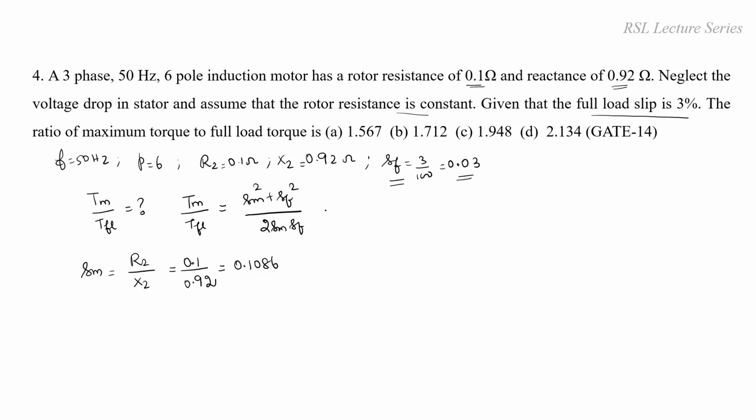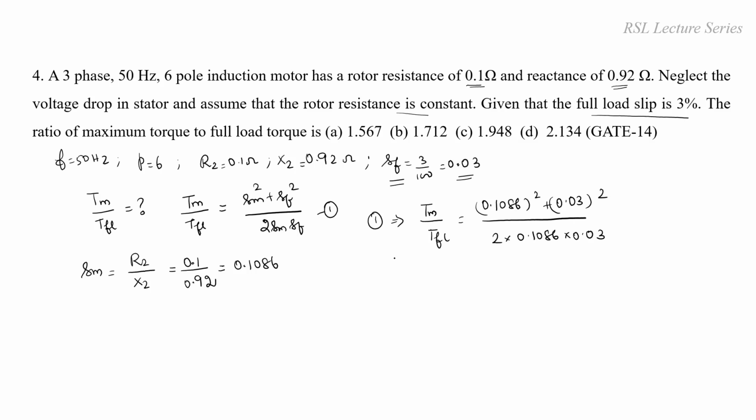Now we'll substitute both Sm and Sf in this ratio. Let this be equation 1. We'll substitute both the Sf and Sm values in equation 1 to get the ratio of maximum torque to full load torque. That will be equal to 0.1086 whole square plus 0.03 whole square, divided by 2 into 0.1086 into 0.03.